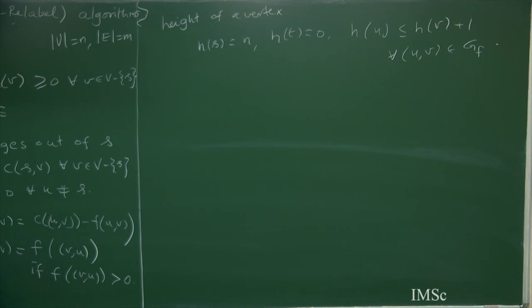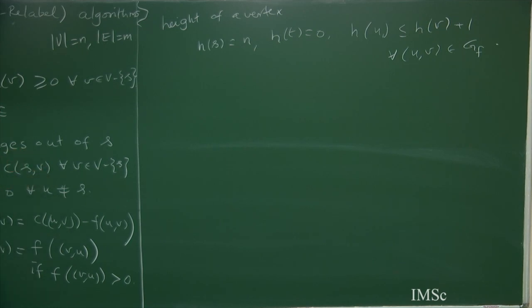Okay, so what is the idea again? We start with as much flow as possible from S, and then we will try and push the excesses out at vertices to some other vertex, eventually to T if possible. But that may not be possible because max flow may not be equal to the sum of these capacities.